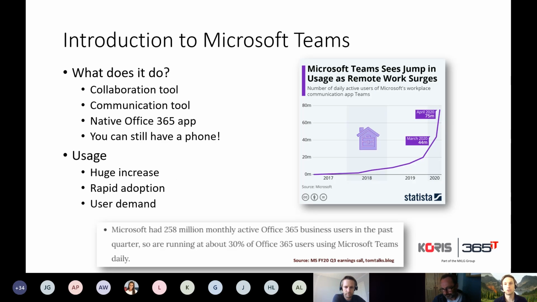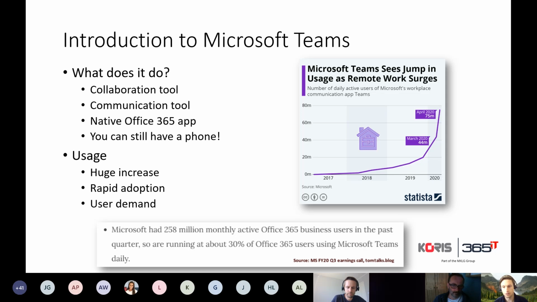So introduction to Microsoft Teams. So what does it do? I like to split it into two parts, really. In one respect, it's a collaboration tool. So that's allowing your users to do things like share documents, create workspaces together, work on projects together, and collaborate and work how they want to in a way that works well for them.